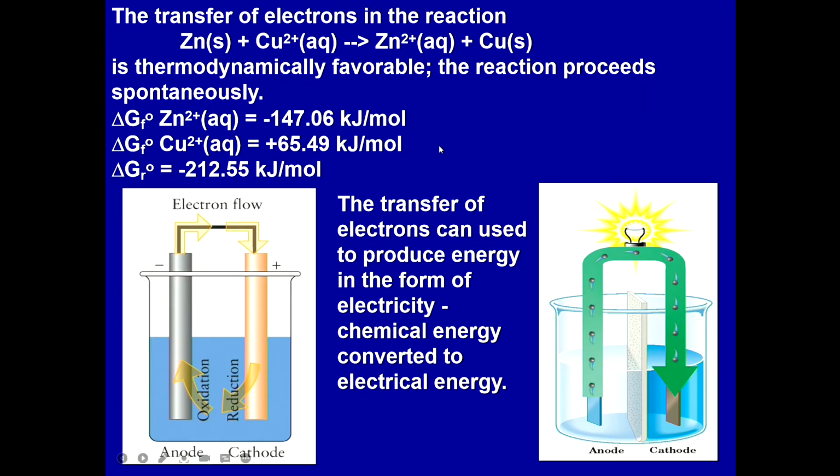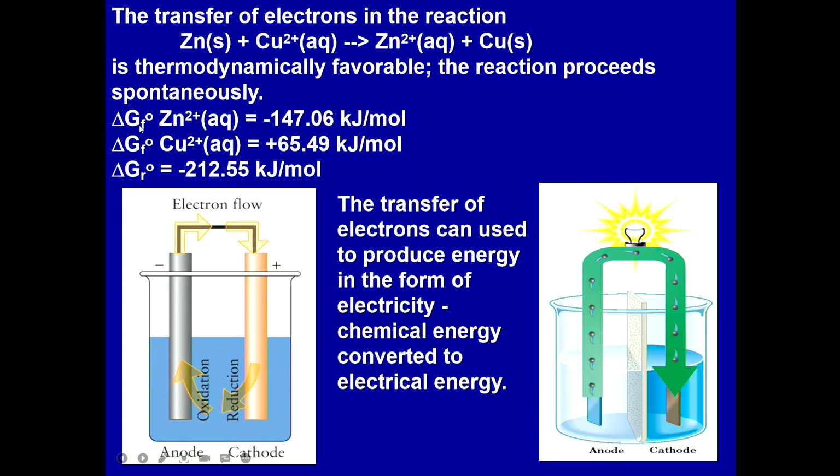For this reaction, we can find the free energy of formation of the substances. The most stable element state is 0. Solid zinc is the most stable state, so its formation energy is 0, and copper is 0.